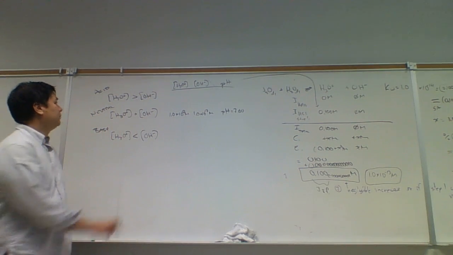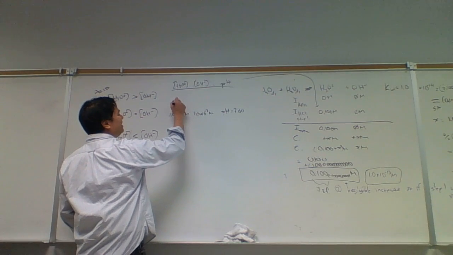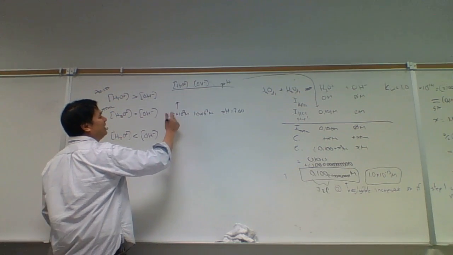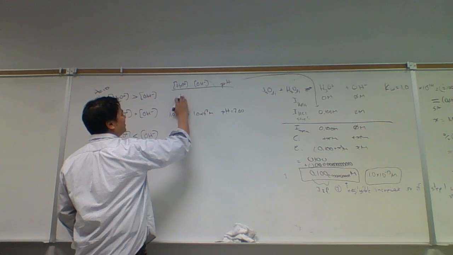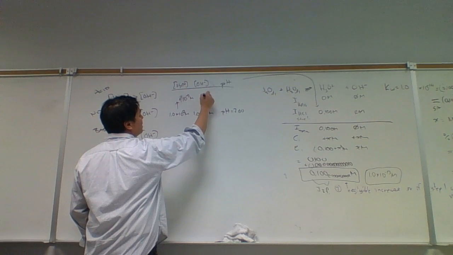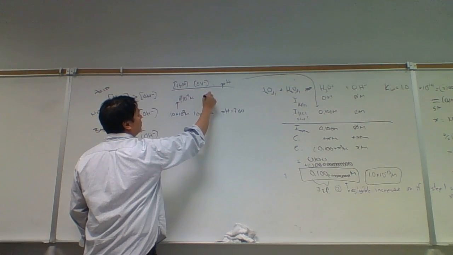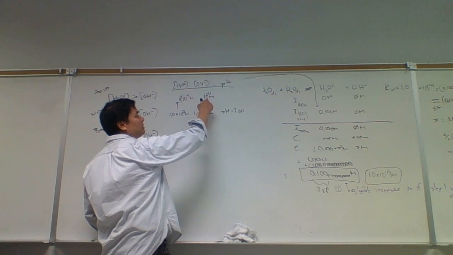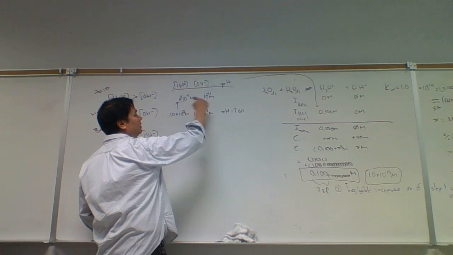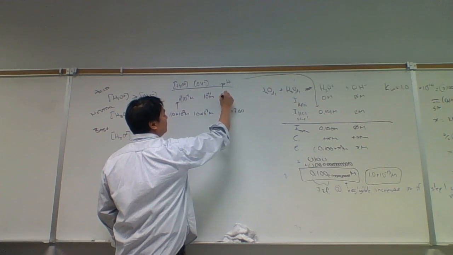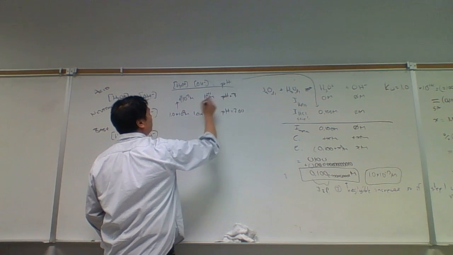That's neutral. If it's an acid solution, then the hydronium goes up, right? So let's go to 10 to the minus 3 molar. If we're at 10 to the minus 3 molar, then the hydroxide, these have to add up to 10 to the minus 14, which is KW. So this is 10 to the minus 3, this has got to be 10 to the minus 11. And the exponents need to add up to 14, which gives us pH of 3, right?